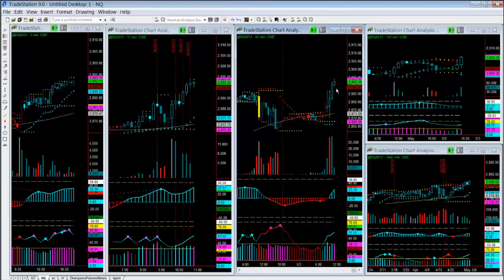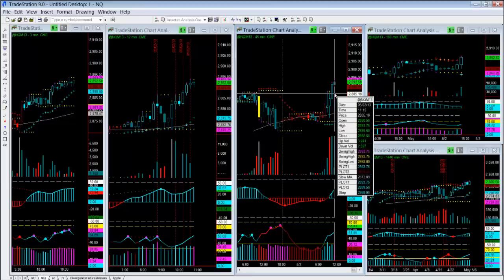The NASDAQ on the 45 minute, there's no volume divergence. You can't read that with 30 minutes left in that bar. Right now, the volume is increasing on the highs. This is exactly what you would anticipate it to do.